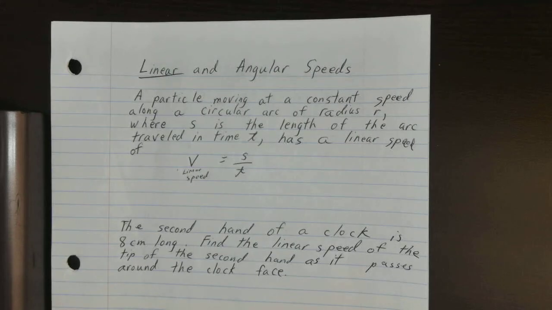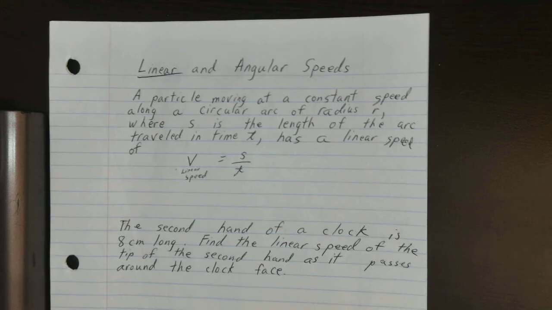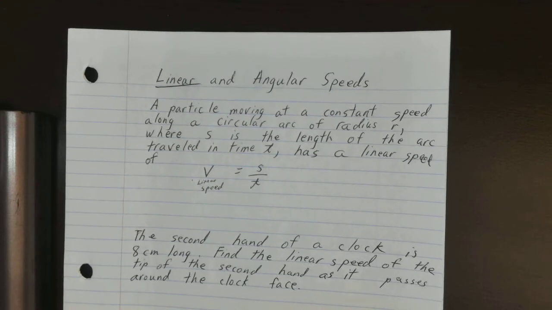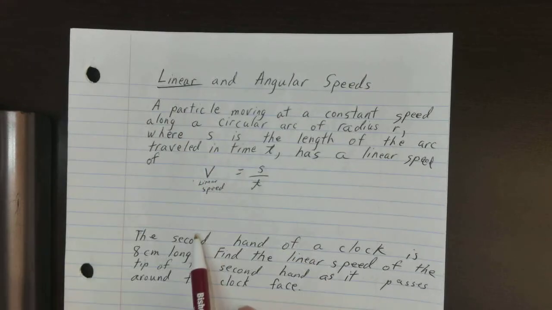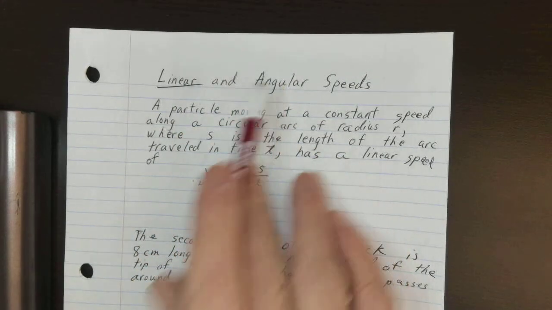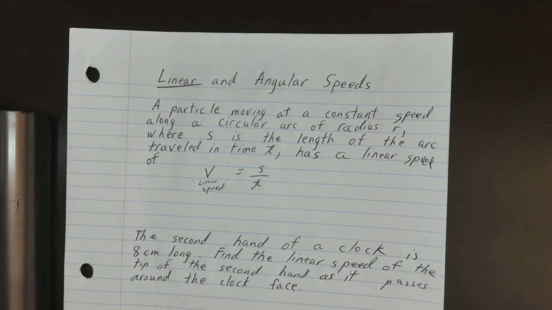Hi everyone. All right, today we have a couple of examples here on linear, and I'll deal with that one first, and angular speeds, which I'll deal with on the next example.